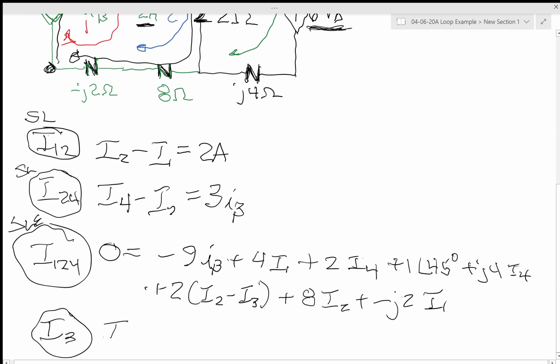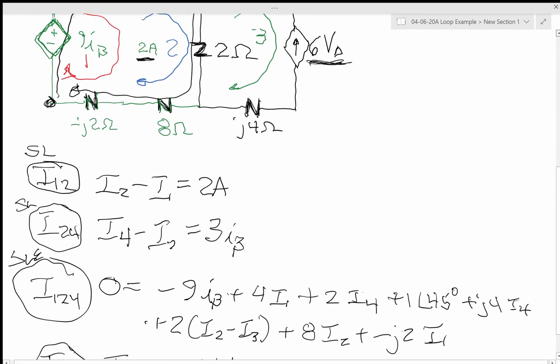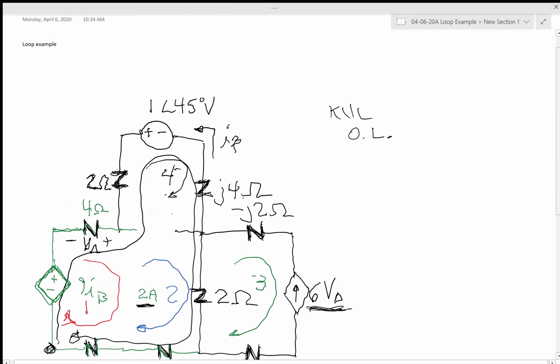I3 equals minus 6V delta. Now you could put that as V delta equals minus I3. That's okay. All right, let's go see what's going on now with I beta and V delta. I come up here and I look at I beta. Not that you can really read it, but here is I beta, and it's going in this direction, and my I4 is going in that direction, opposite.